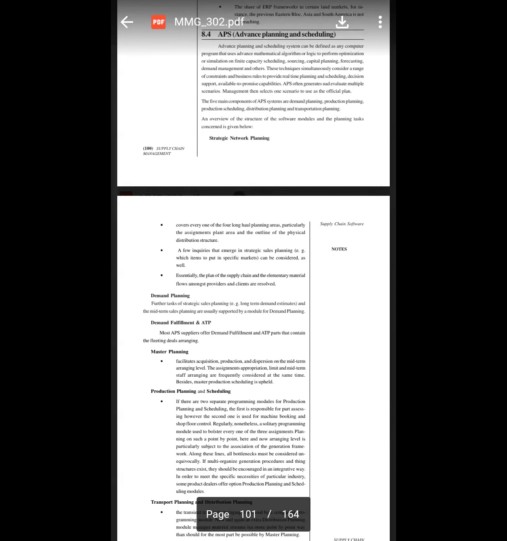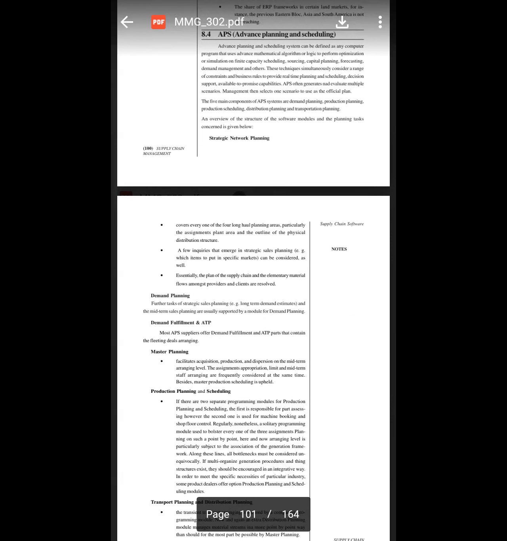Okay, APS, advanced planning and scheduling. An advanced planning and scheduling system can be defined as any computer program that uses advanced mathematical algorithms or logic to perform optimization and simulation on finite capacity scheduling, sourcing, capital planning, forecasting, demand management, and others.